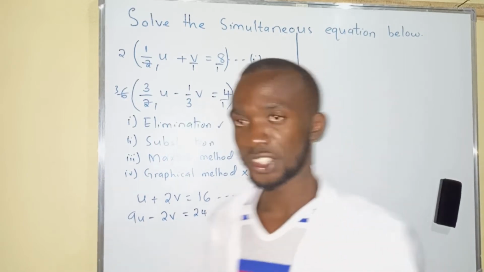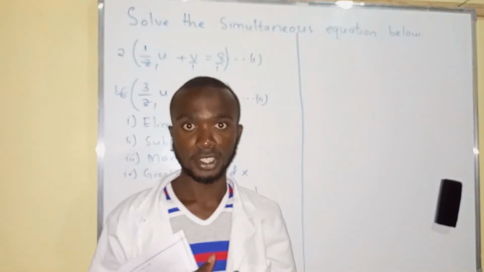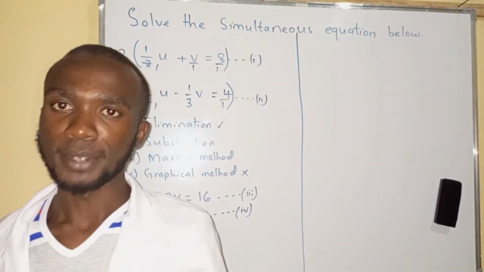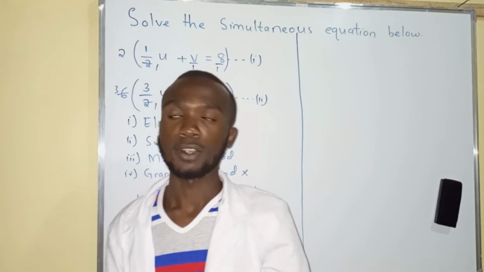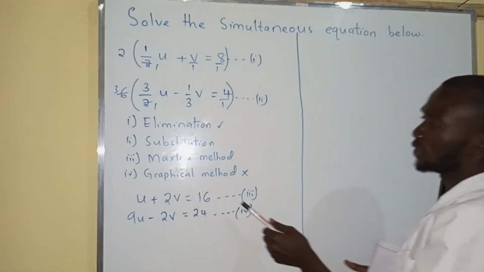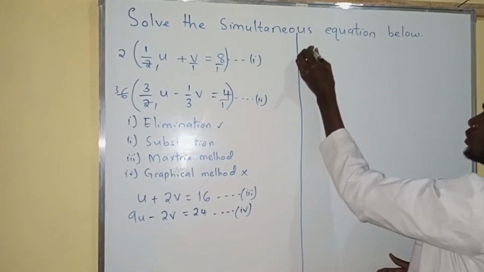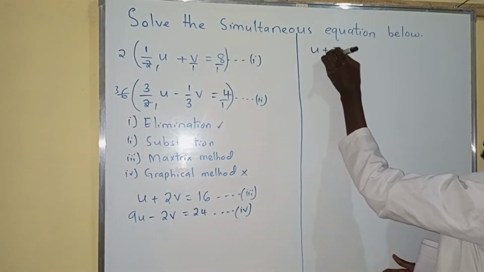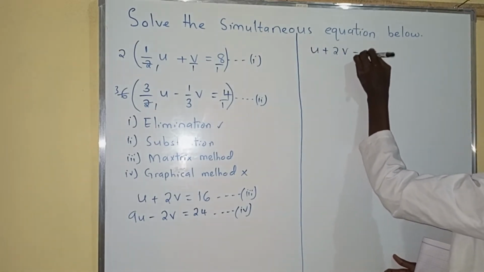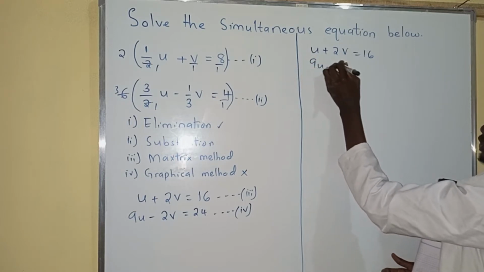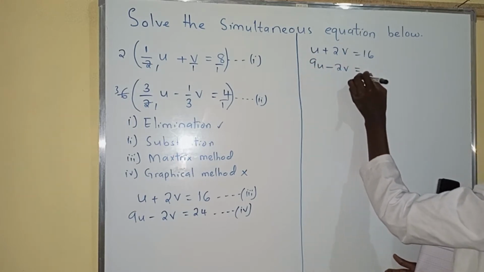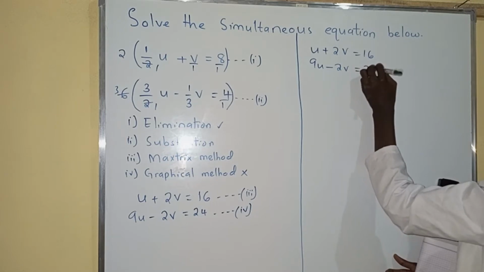Let me start with the first way of solving the simultaneous equation, that is the elimination. To eliminate means you remove it, you make it disappear completely. Now the equations are u plus 2v is equivalent to 16 and 9u minus 2v is equivalent to 24.